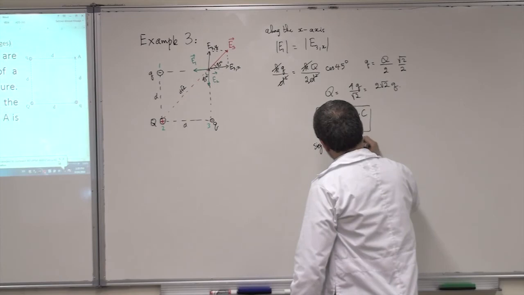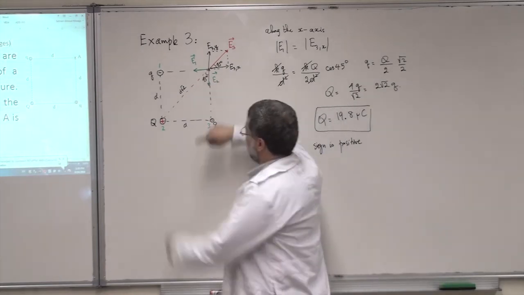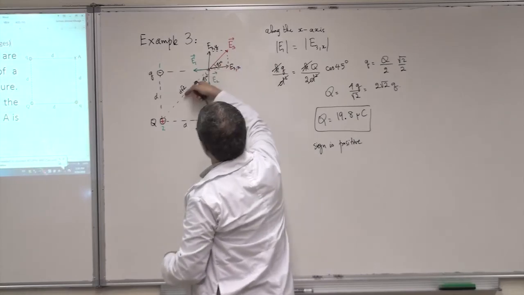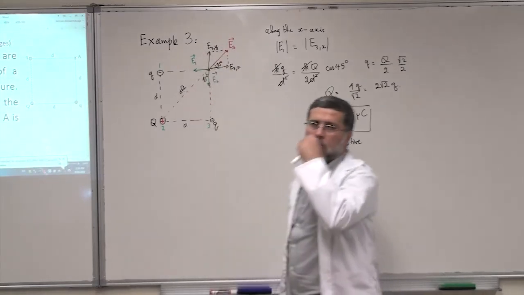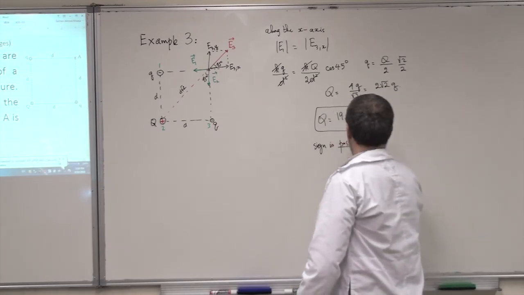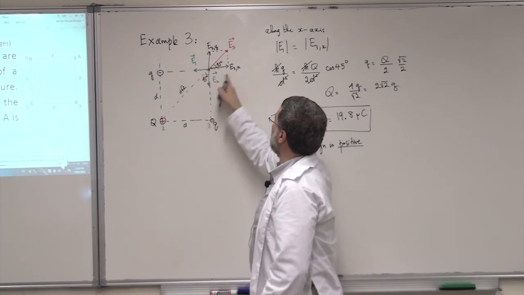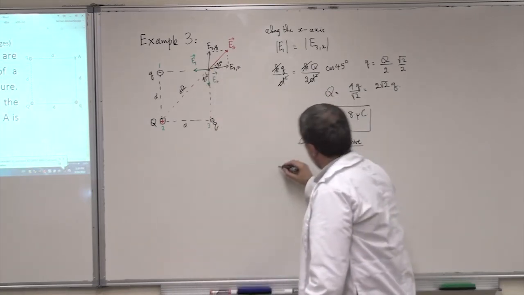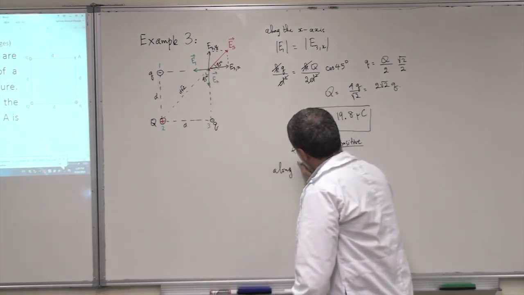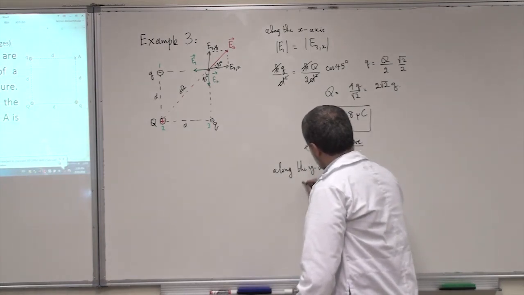It has to be positive, otherwise you can never have the electric field equal to 0 here. If the charge was negative, E3 would be pointing in this direction, and the electric field would not be 0 at that point. So you must have a positive charge to produce electric field E3 in this direction, and the components will cancel. If you go and work along the y-axis, believe me, you get the same answer, okay?